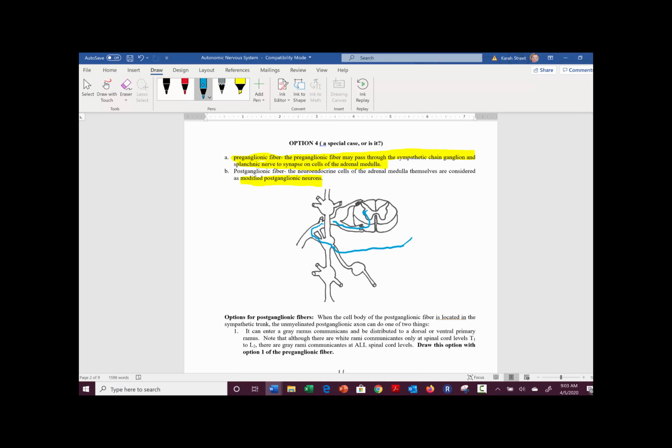It basically is going to synapse on the adrenal medulla, which I always draw as a triangle above the kidneys. And that's my pathetic drawing of a kidney with the ureter coming out. So the adrenal medulla is the middle part of the adrenal glands.